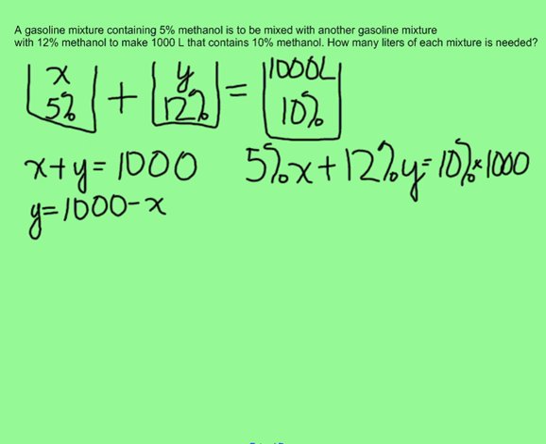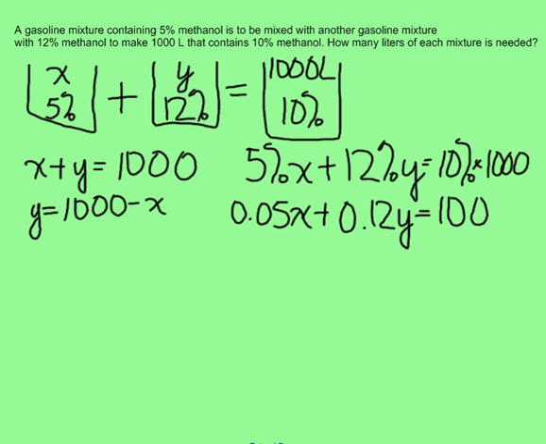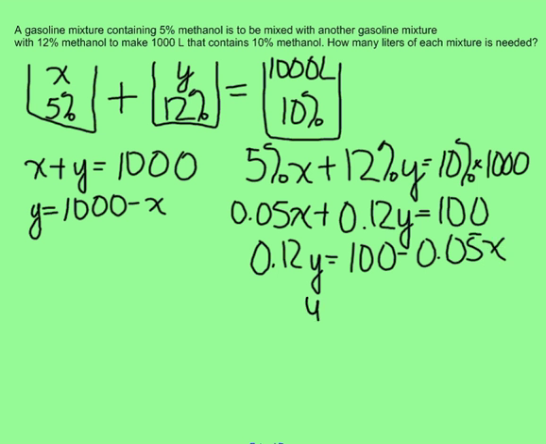In the second equation, we had figured out what this 5% was as a decimal, the 12% as a decimal, and 10% times 1,000. And then we had solved for Y, so we had moved the 0.05x to the other side, and we had divided it by 0.12.